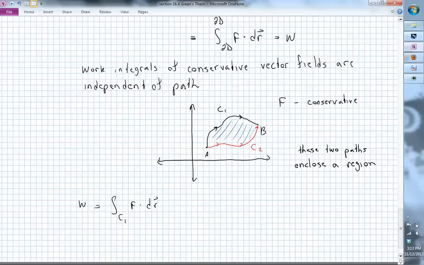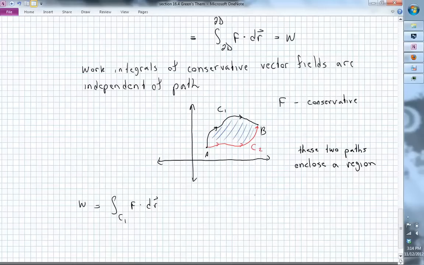And what's the boundary of this thing? It's kind of C1 plus C2. There's an orientation problem, right? So I can go around the boundary here if I go along C2 and then go backwards along C1.